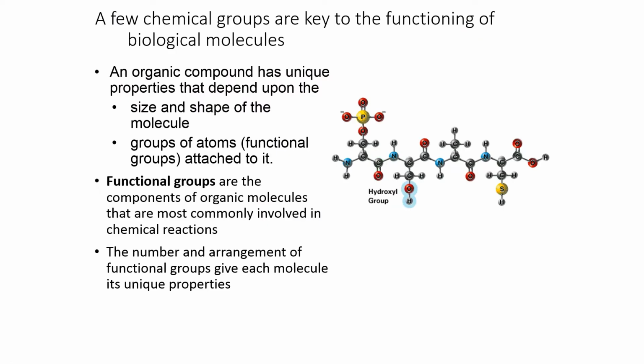Alright, so we're going to talk about functional groups. Alright, so far we've talked about how organic molecules, compounds, can vary in their size in terms of the length of the carbon atoms, the number of carbon atoms you have. They vary in their shape. Alright, so you have different arrangement of the carbon atoms.